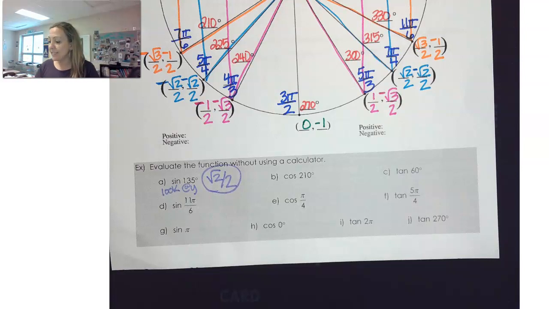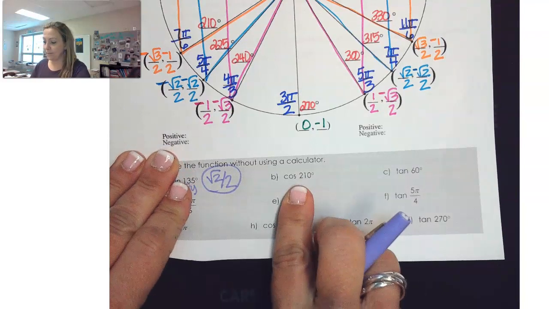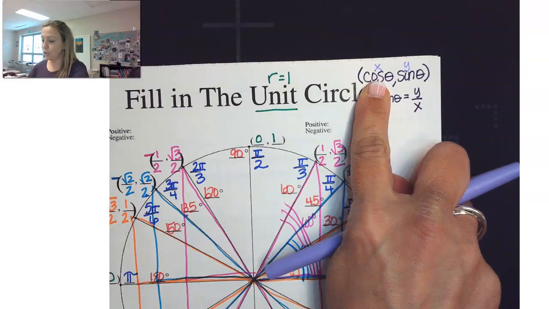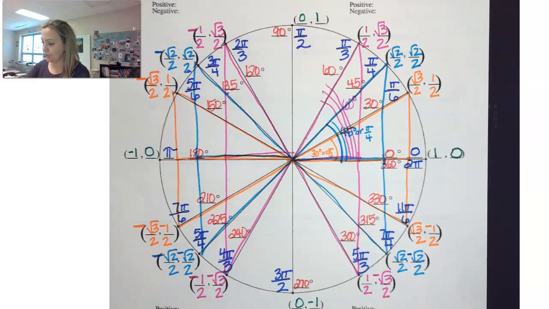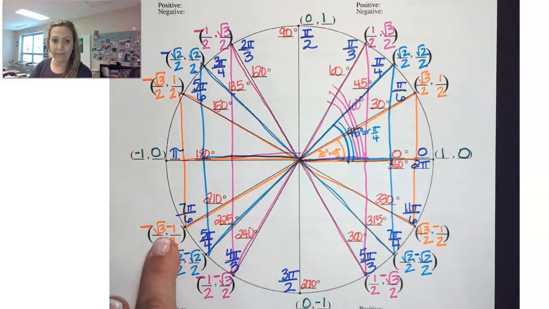What about the cosine of 210? Cosine means we're going to look at x. So, my friends, you go to 210 degrees on the unit circle, and you look at the x coordinate.